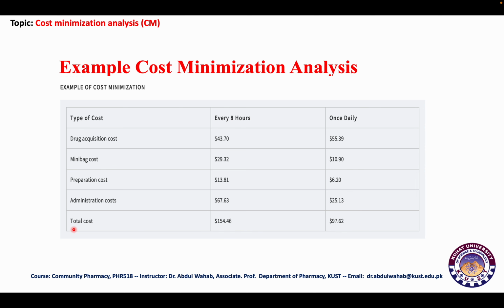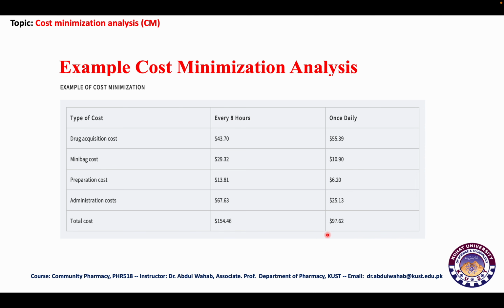The total cost for the product administered 3 times a day, meaning every 8 hours, is $154.46, and the total cost for the product administered once a day is $97.62.